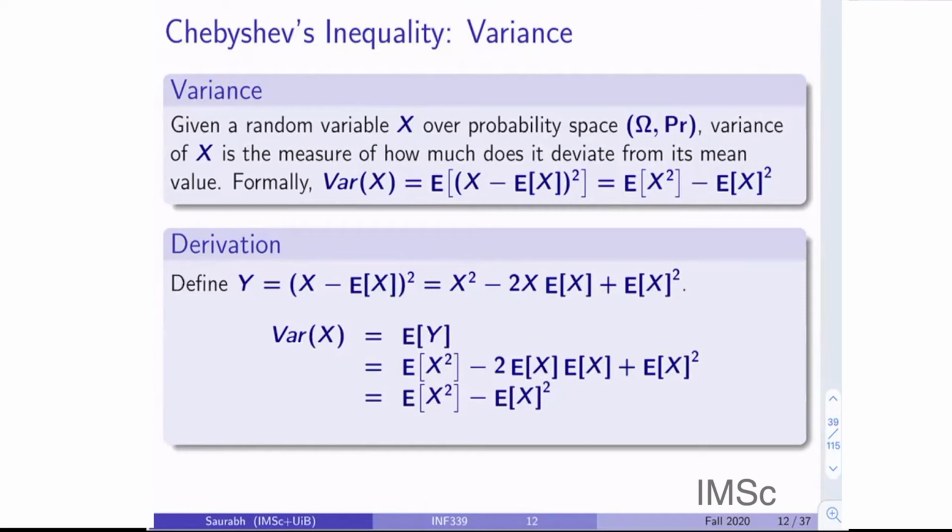So you get this, and this is what we should remember: the variance of X is the expectation of X squared minus the expectation of X, whole squared.